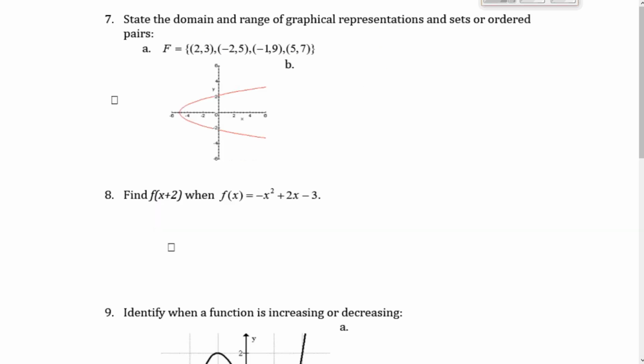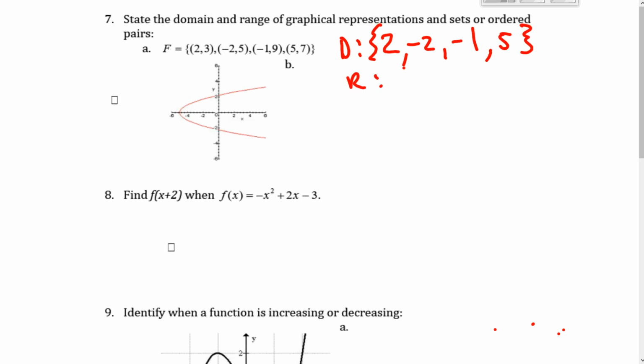Okay, so stating the domain and the range. Domain is the x's. So here, if I look at this graph, this must be B. Here's A. The domain is my x's, so that'd be 2, and you can just list them as a set: 2, -2, -1, and 5.